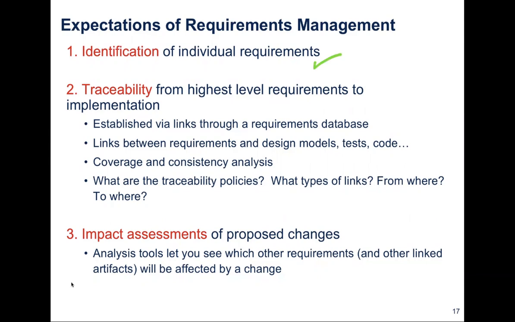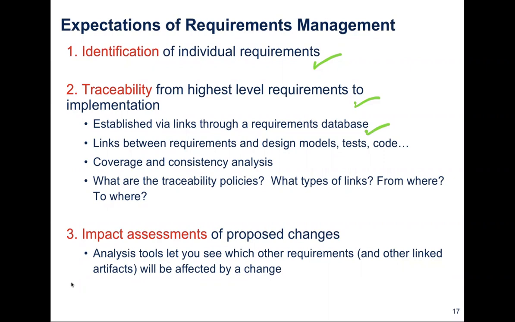provide traceability from the highest level requirement to implementation. That means to provide traceability to those requirements and the relationships, we need to establish links through requirement databases. We need to obtain links between requirements and even design models and test cases in the code.